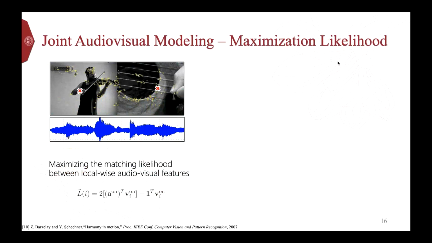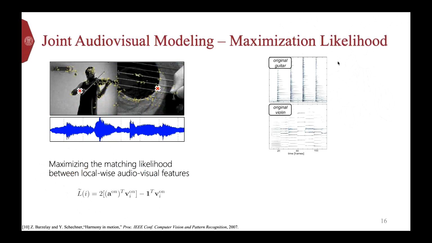The man is playing the violin. So it aims to correlate different local features, such as the circles and the different features in the audio waveform or the audio spectrogram. In the formulation, it aims to maximize the matching likelihood between the localized audio and visual features.